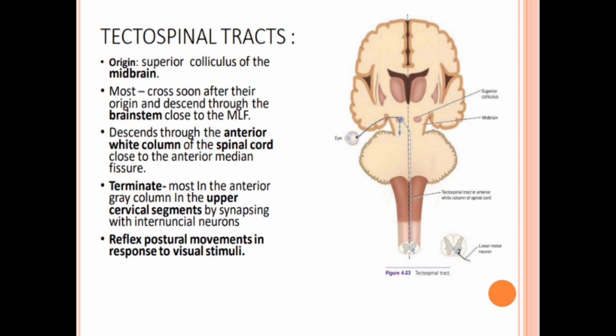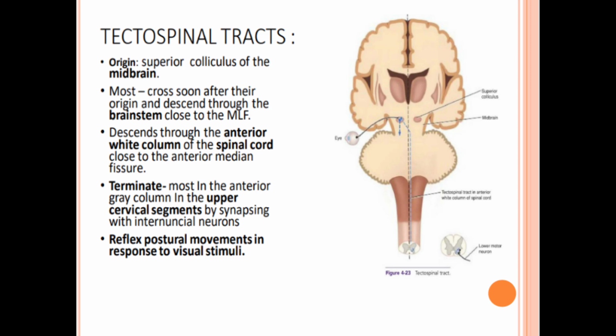Soon after they arise, they cross the midline, and then they descend through the brainstem just close to the medial longitudinal fasciculus. When descending through the spinal cord, they travel in the anterior white column, and then they terminate in the upper cervical segments by synapsing on internuncial neurons.